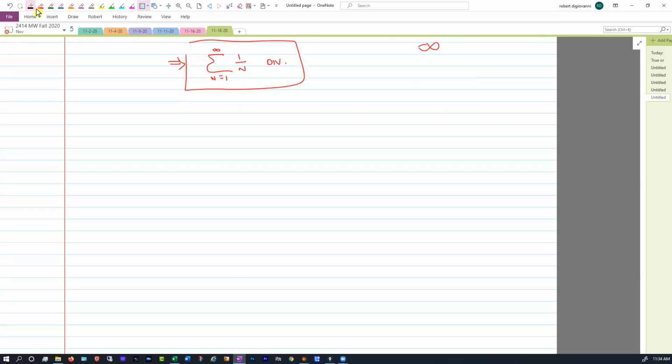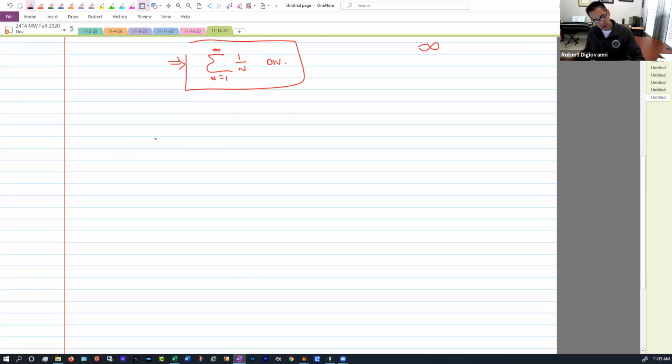Okay, so this generalizes. Let's say we had the sum n equals 1 to infinity of not just 1 over n, but n raised to some arbitrary power. We'll call it p. Could you do an integral test on this?